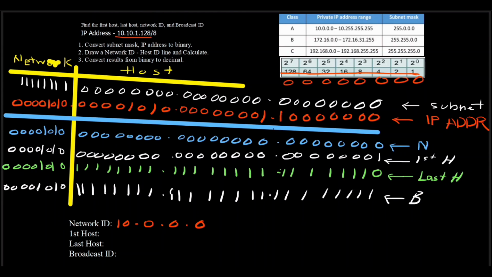The first host, let's find out the decimal from the binary that we find out. So for the first host, obviously I do have 10.